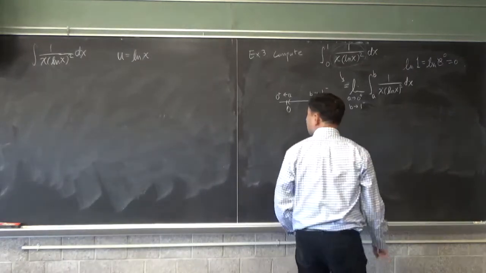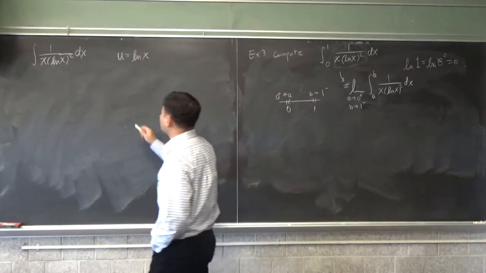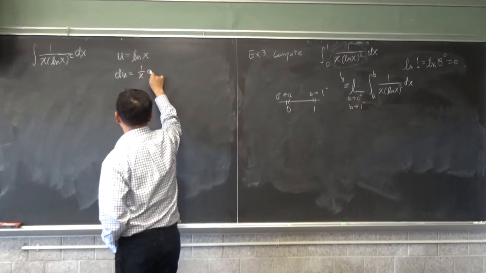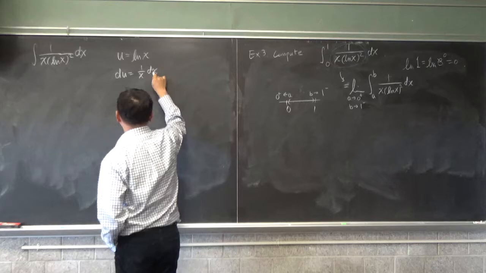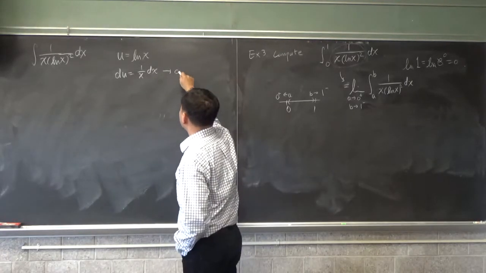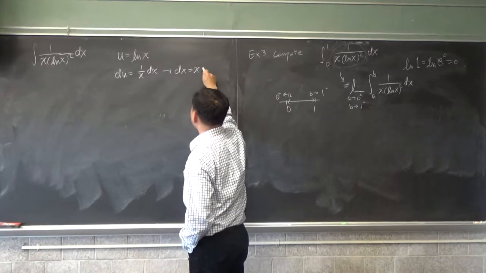Now if you have u equals ln of x, then du is 1 over x dx, right? So dx is x times du.